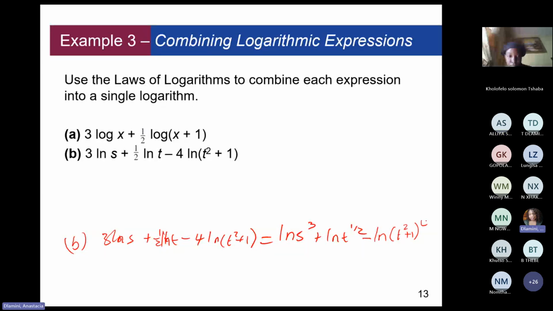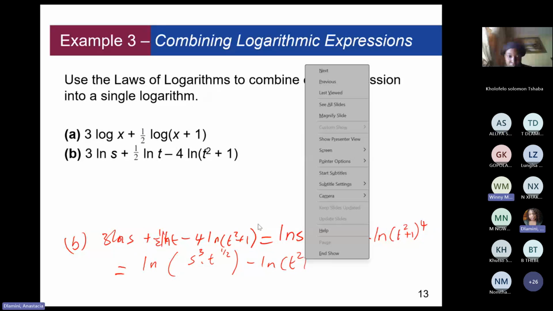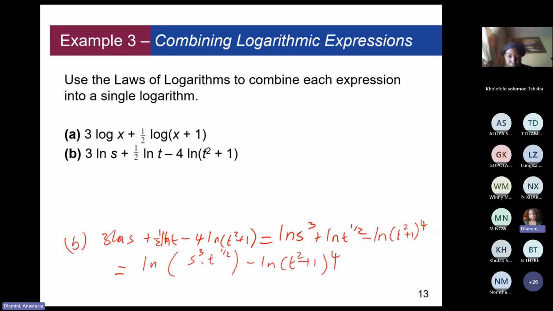All righty. So this is equals to ln of s to the power of 3 times t to the power of half, minus ln of t squared plus 1 all to the power of 4. Let's take this up here.